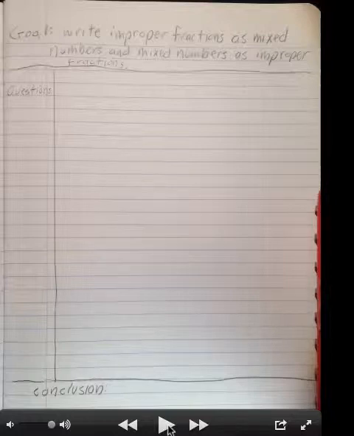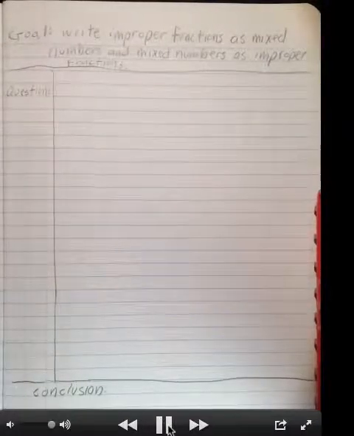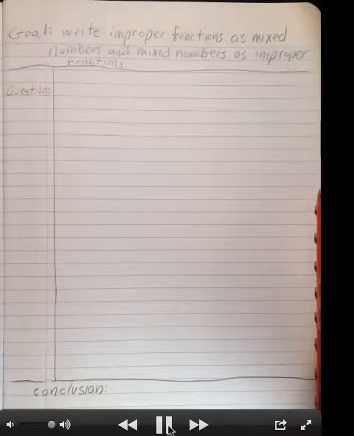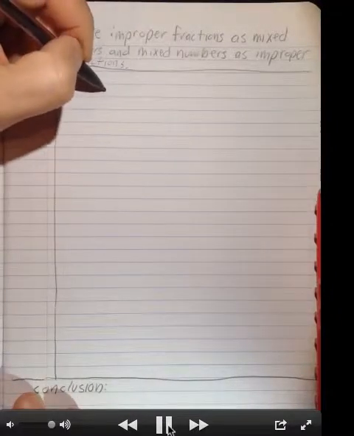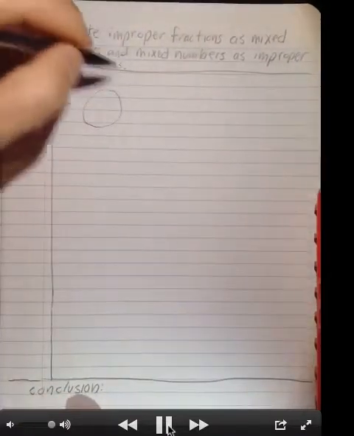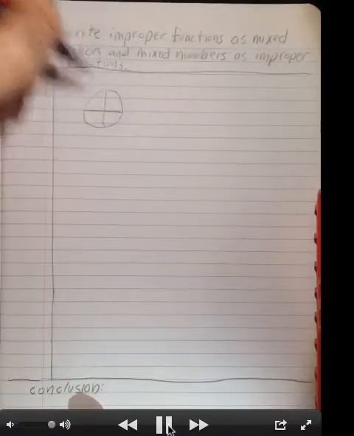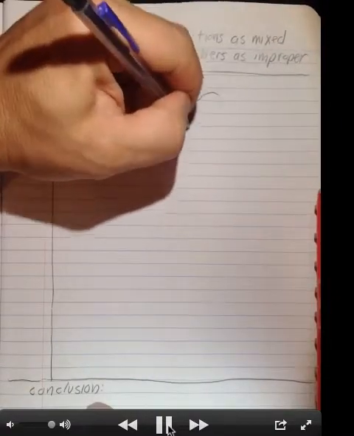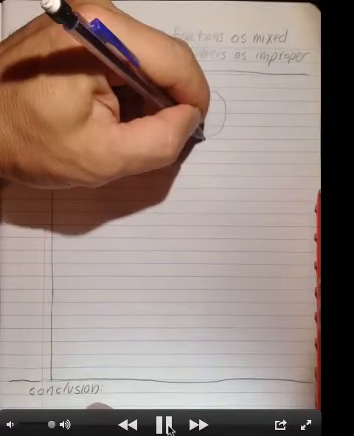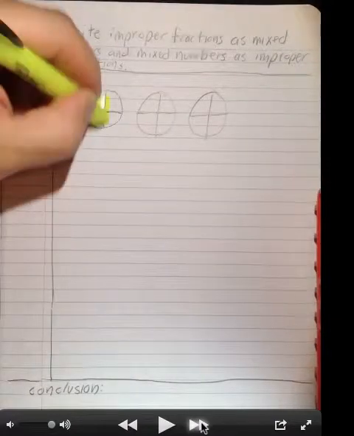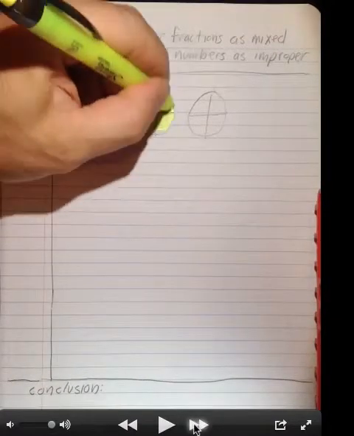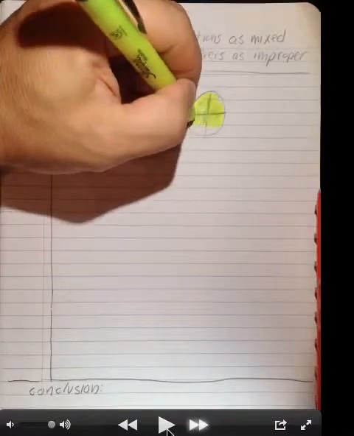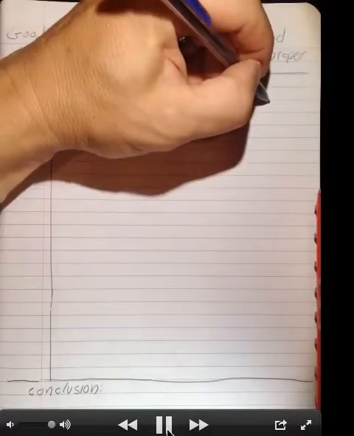We're going to start by drawing a picture of 3 1/4. So I'm going to draw 3 circles to represent the whole numbers, split them each into 4 parts, and shade all 4 of those in on each of those 3. Now that covers the 3.